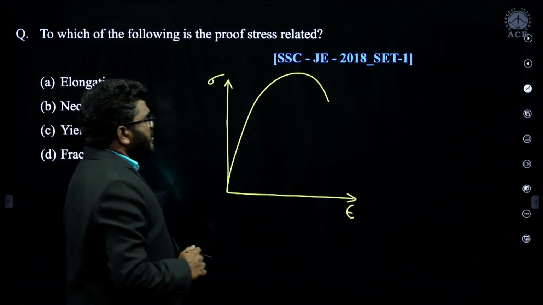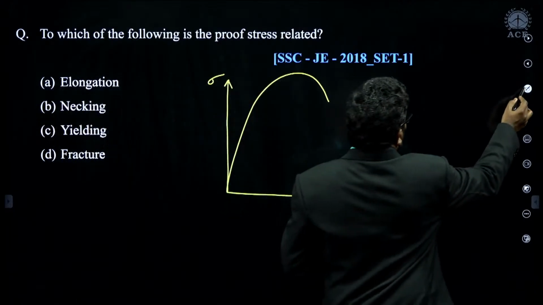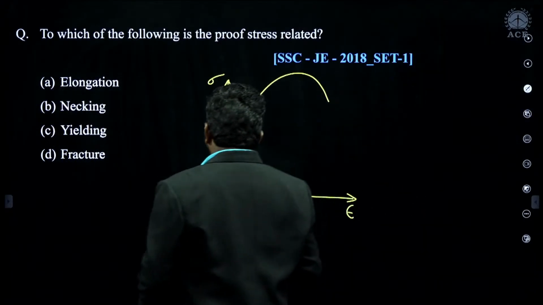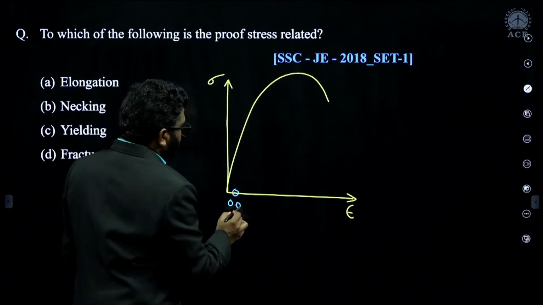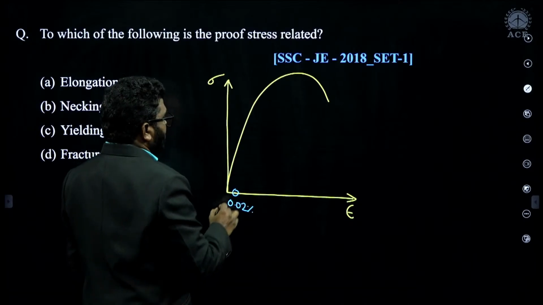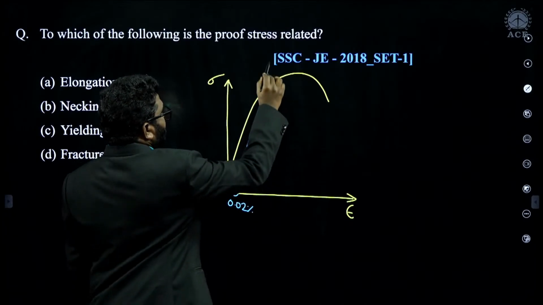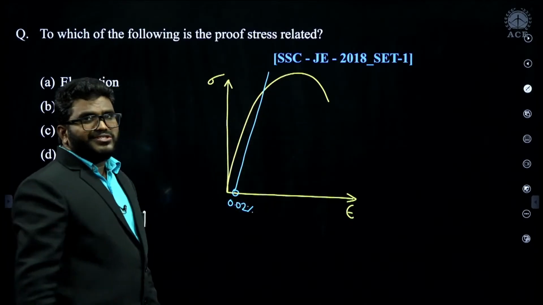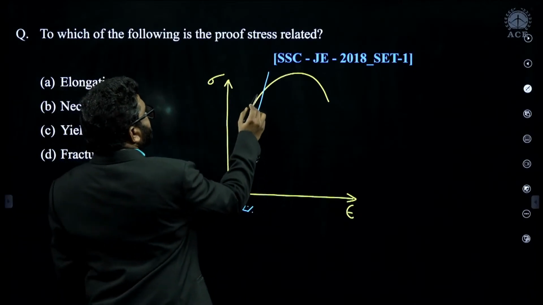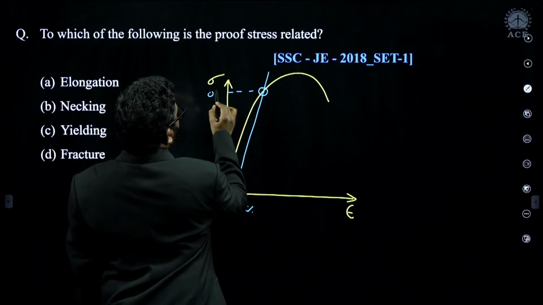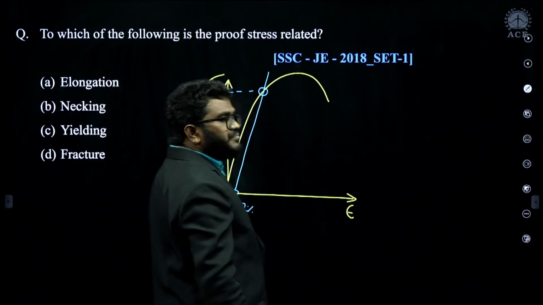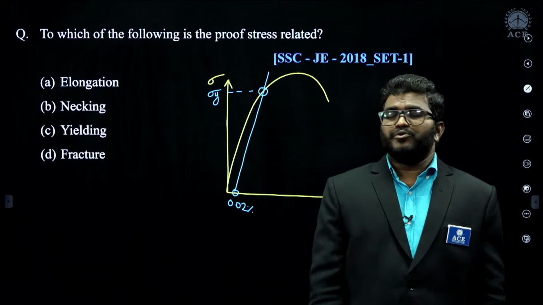I am considering 0.02% offset strain. I am drawing a linear parallel line to the stress strain curve. So, there is an intersection point with the stress strain curve. This intersection point represents the yield strength of the material, and we call it the proof stress.